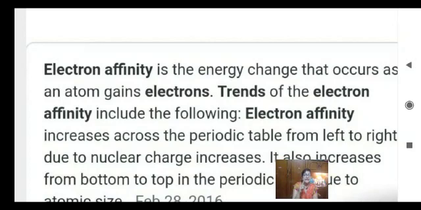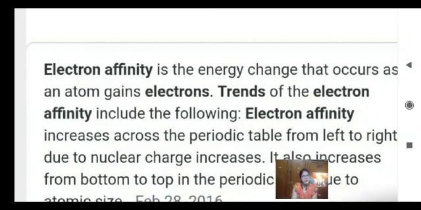Electron affinity is exactly the opposite, the reverse concept of ionization energy. Electron affinity is defined as the amount of energy released to take one electron into the outermost orbit of an isolated gaseous atom. Formally defining, electron affinity is the energy change that occurs at an atom when it gains an electron.